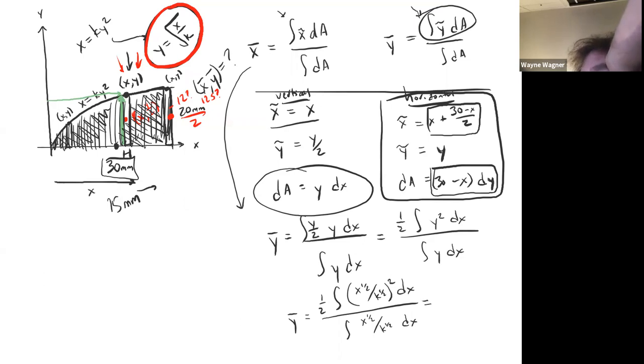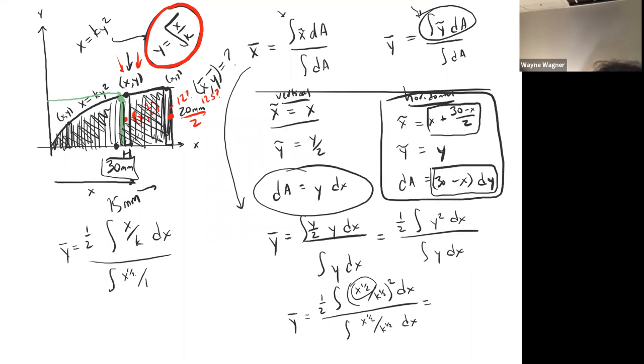So when we square, we multiply exponents, so 1/2 times 2 becomes 1. We end up with y bar equals 1/2 of the integral of x over k dx, and that one's easy to solve, over the integral of x to the 1/2 over k to the 1/2 dx, which is more annoying.